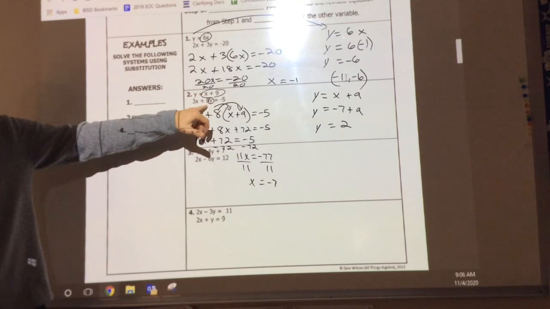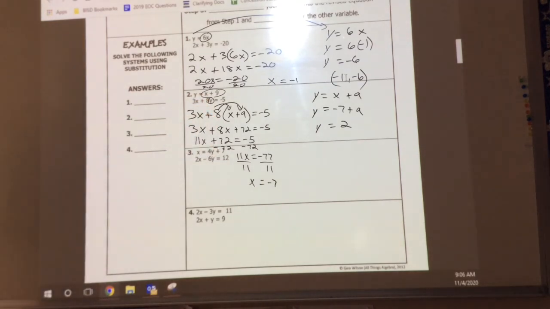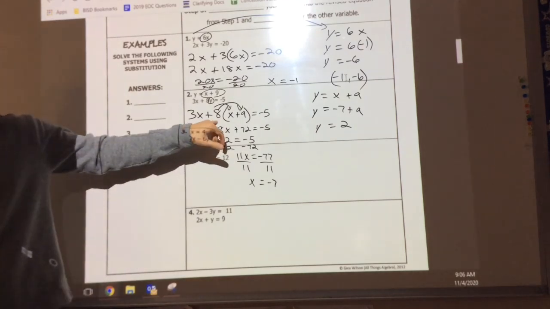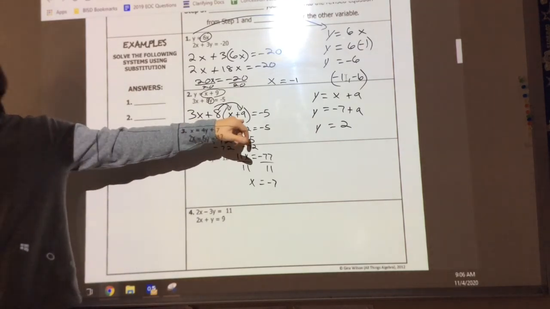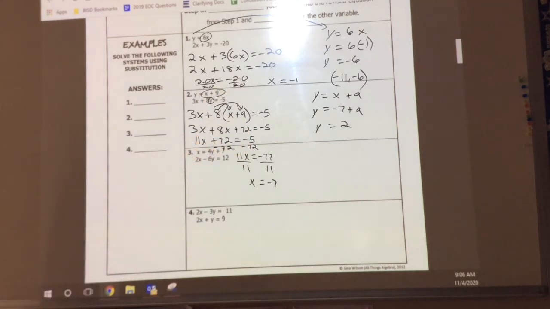Do you agree with that in this first statement up here, 8y? Since I don't know what y is, I know I'm multiplying by an unknown number. Are you with me there, Stephen? And since I'm multiplying by an unknown number, I still have to multiply this 8 by the numbers in the parentheses that I've added to them. So yes, it would have to be put into the parentheses.